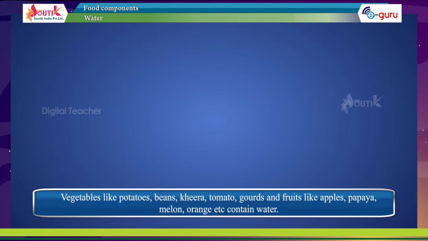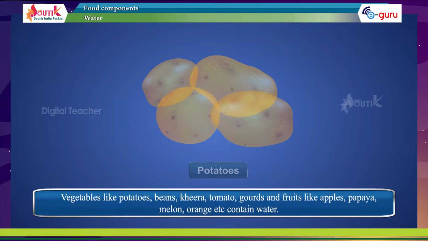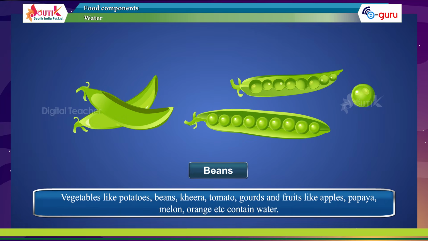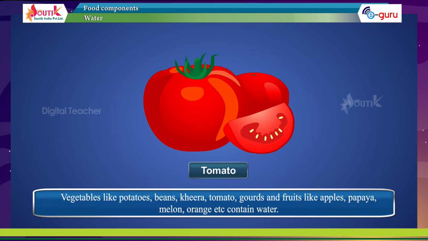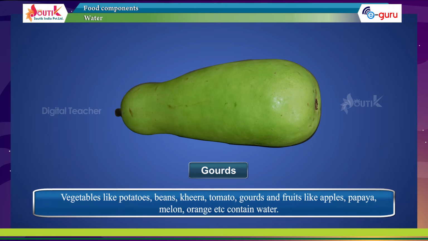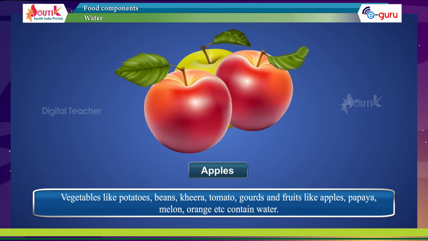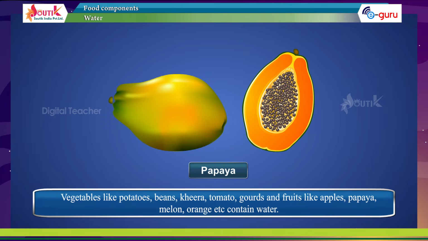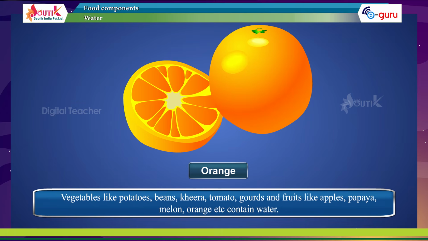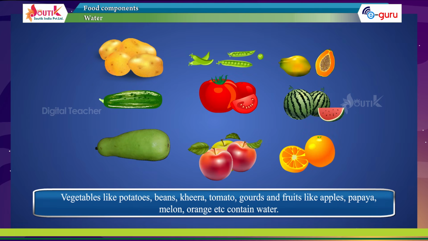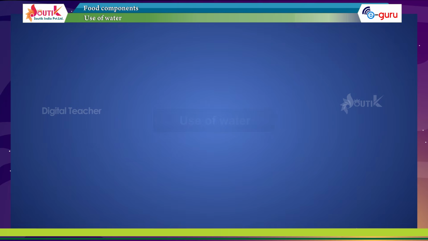Vegetables like potatoes, beans, kheera, tomato, gourds and fruits like apples, papaya, melon, orange, etc. contain water.